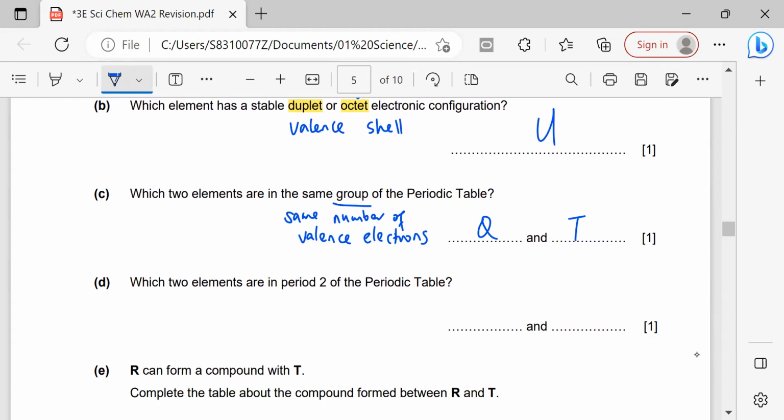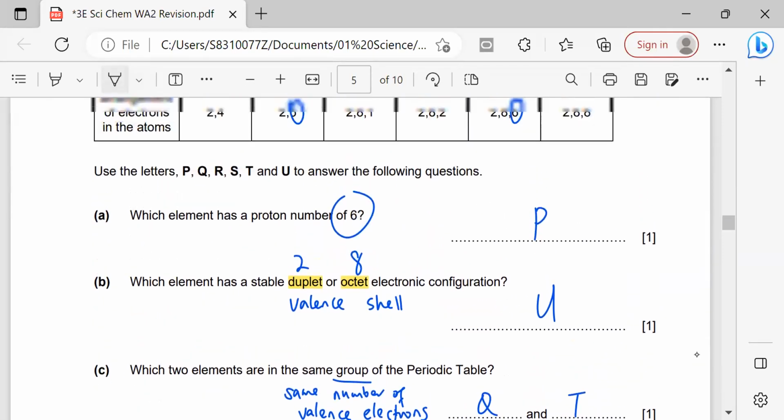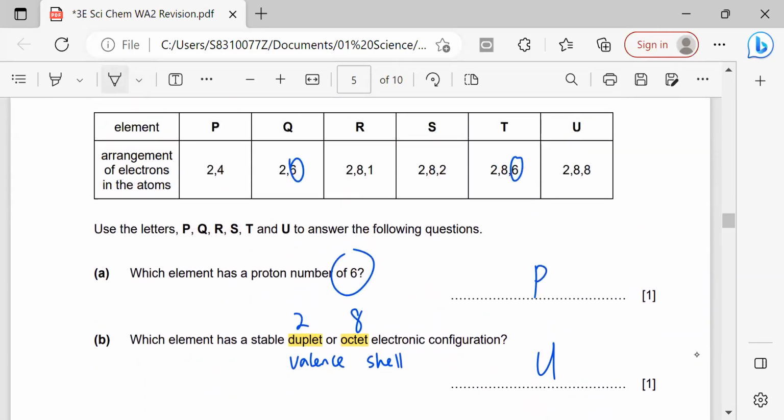In part D, period 2 of the periodic table means that there are 2 occupied shells. That means you have to look at the numbers that are featured in the electronic configuration. There must be 2 numbers. One example of an element in period 2 is P, because P has 2 numbers, 2 and 4, so 2 shells that are occupied.